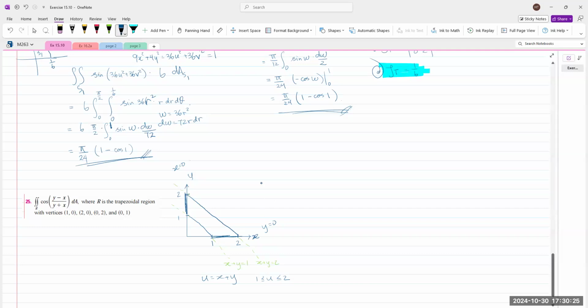So if our v equals y minus x, knowing that u equals x plus y, then when I add these, I get u plus v equals 2y, right? So y is equal to (u plus v) over 2.